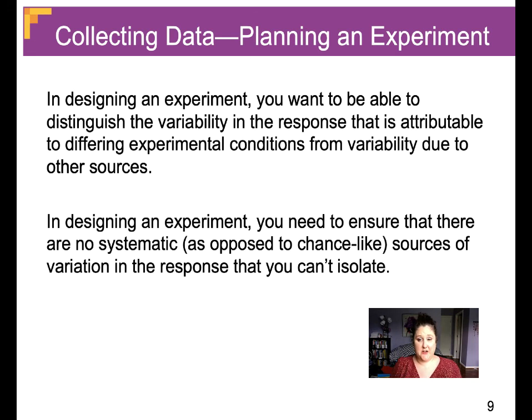When you're designing your experiment, you need to make sure that there are no systematic sources of variation in the response that you can't isolate. And it can be kind of difficult to figure out where some of these variations are coming from. But the more that you can keep constant in an experiment, the less chance that you'll have some of these systematic sources of variability.